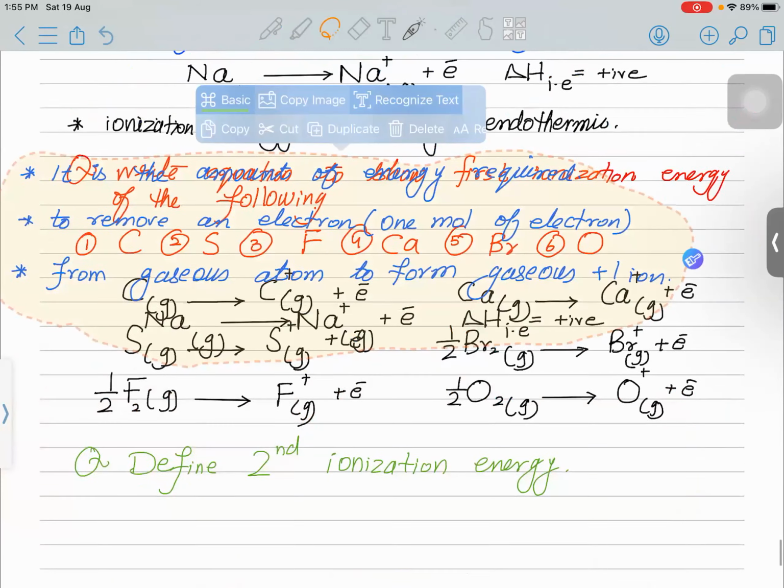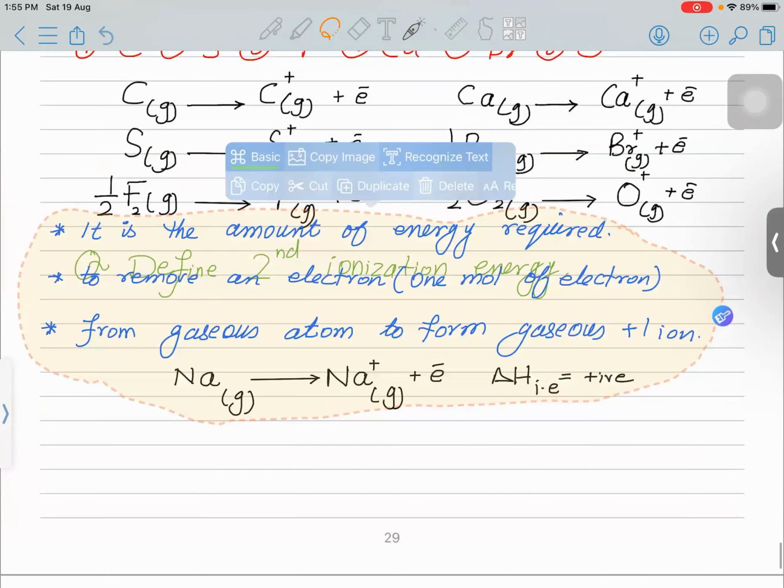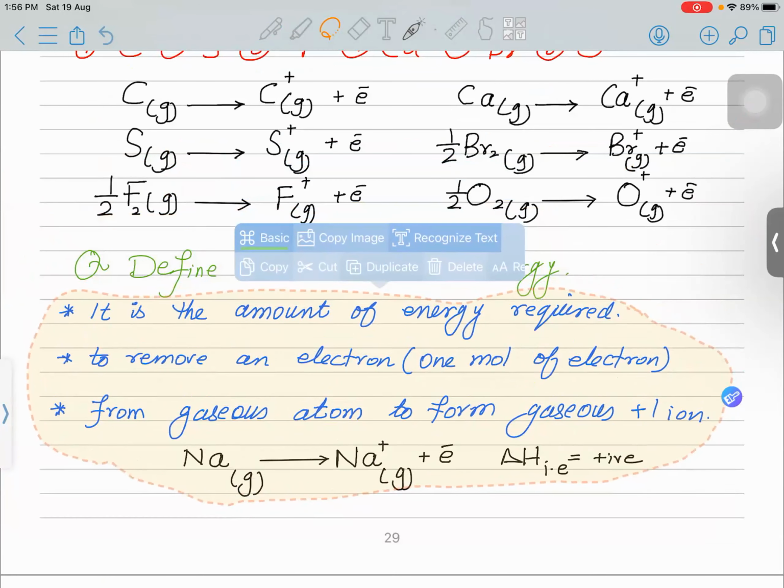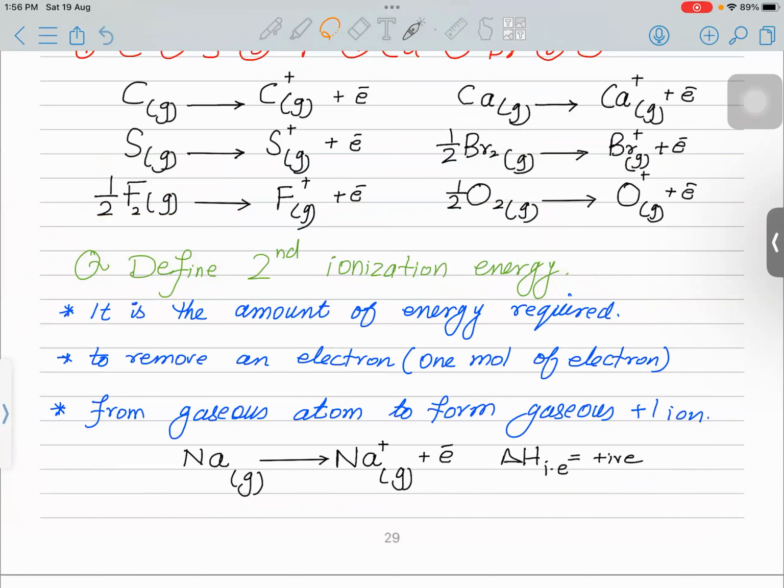It is the amount of energy required to remove an electron or 1 mole of electrons from a gaseous plus 1 ion to form a gaseous plus 2 ion.